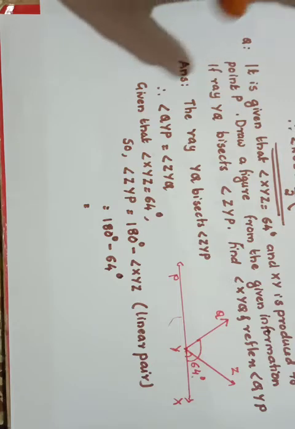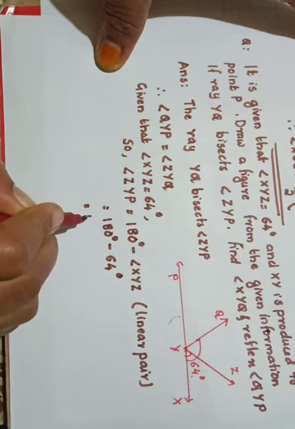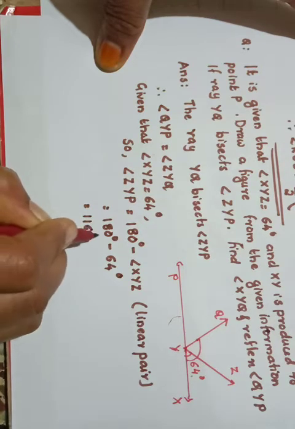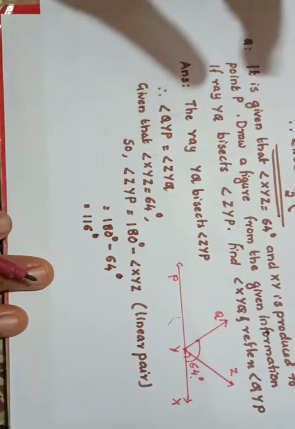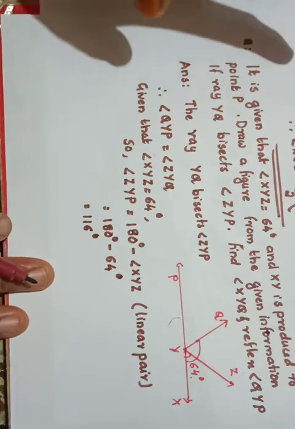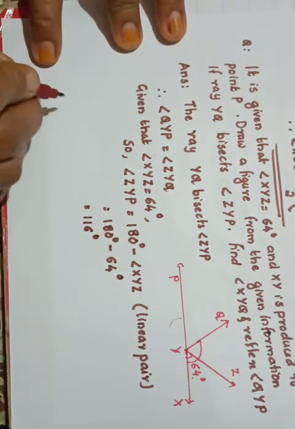What do we get? 116 degree, right? So ZYP is 116 degree.